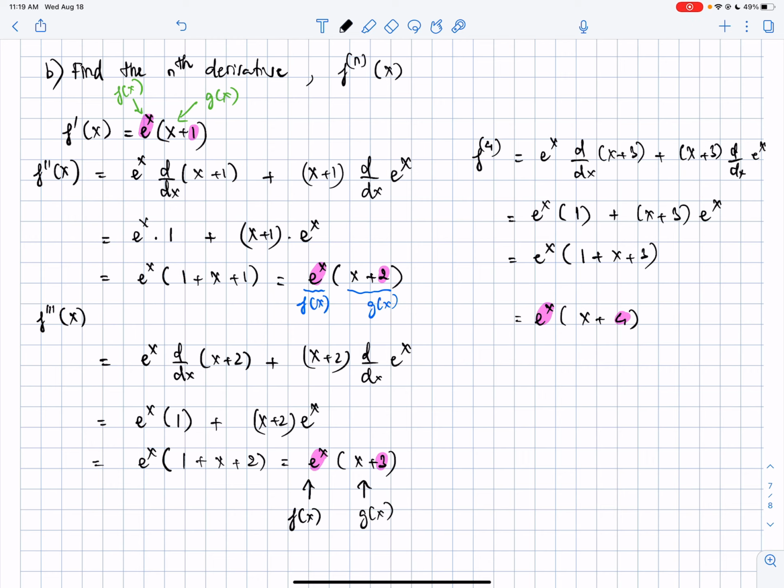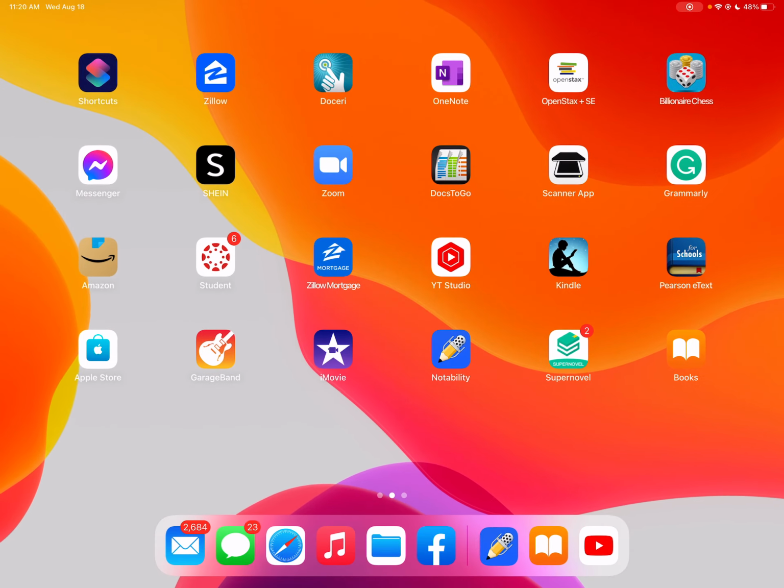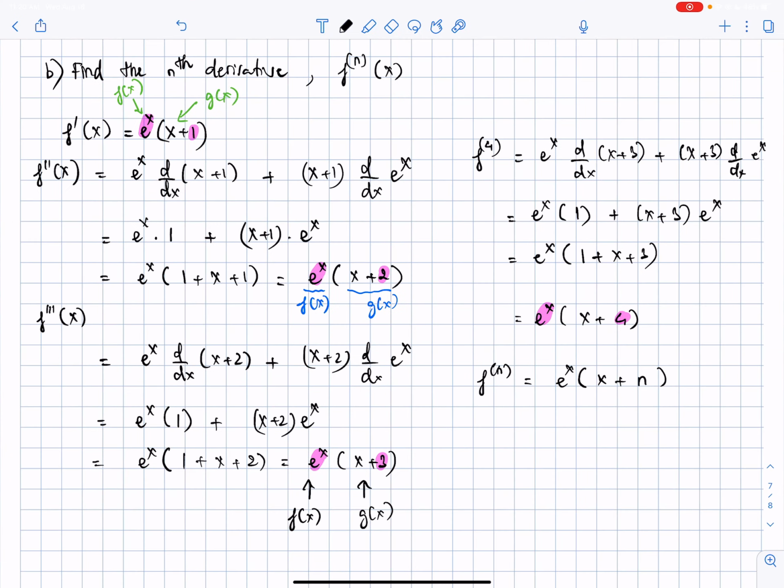So by following the logic, the answer for the nth derivative will be e to the x times x plus n. So n will be 5 if we want to take the fifth derivative, and if we want to take the sixth derivative, n right here will be 6, okay?